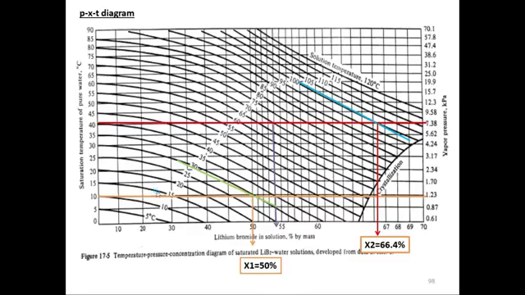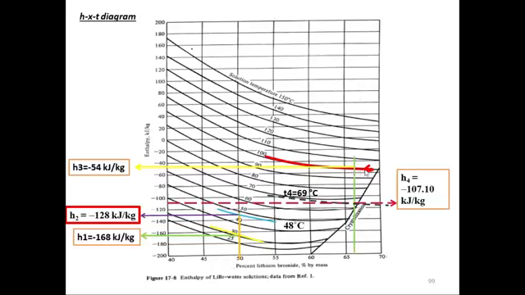This was the solution in the generator: this is the solution temperature line, and the green one is the concentration line. Wherever they cross, that is the state of the solution in the generator. This time we read the H3 value as minus 54 kilojoule per kilogram.